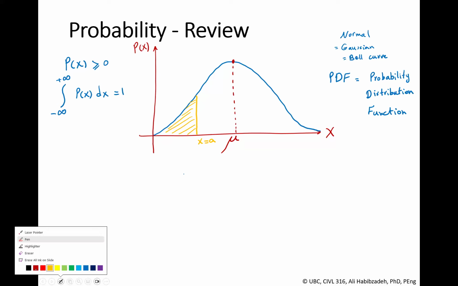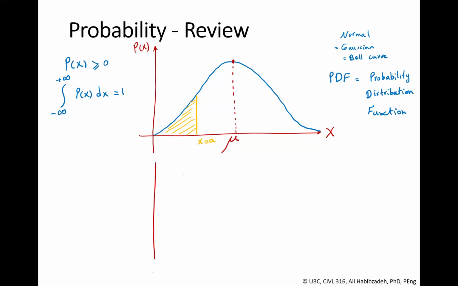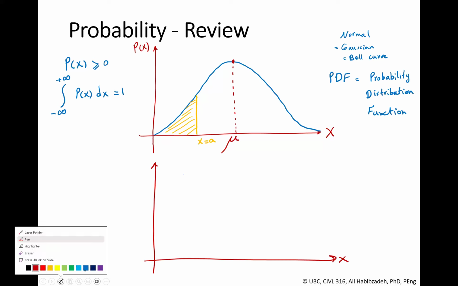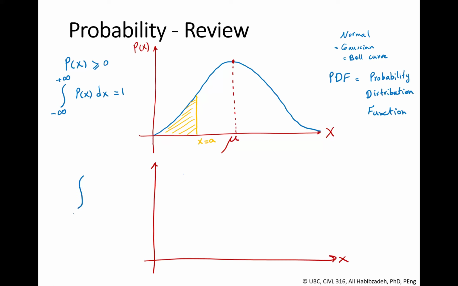Now, if you continue doing this, and we still have x here, for the values you can have for x in the domain, if you continue integrating from negative infinity to a the integral of p(x) dx, you get a graph that looks like this.